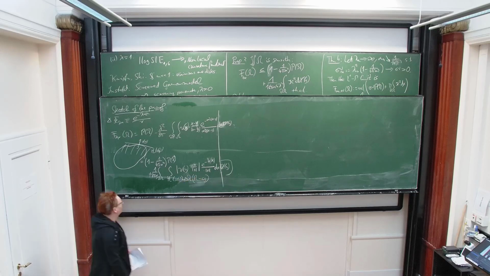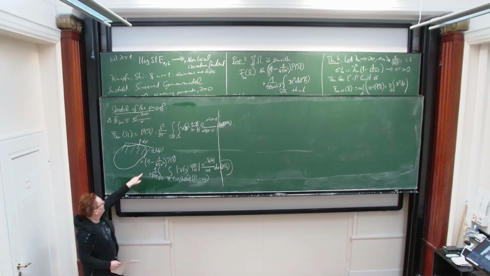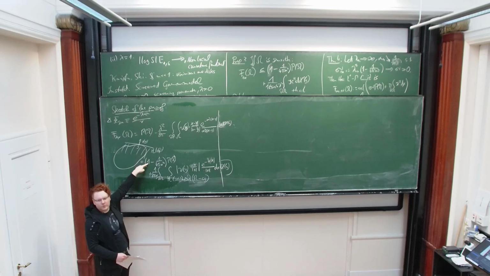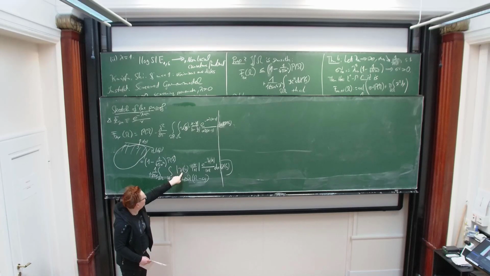And this looks extremely good, because we already have the correct prefactor for the perimeter. In a certain sense, we don't have to do anything anymore. And down here, we have an integral over the boundary, that's good. And here, we integrate something positive, comparing a blow up of the set with the half plane.